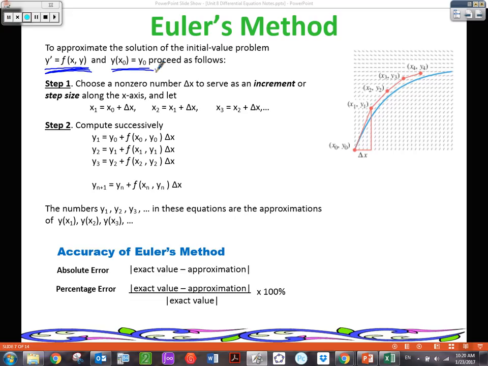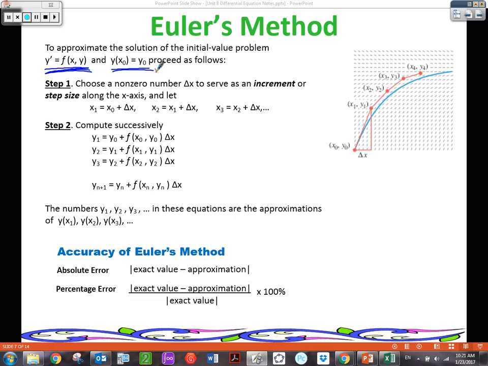Today's technique is approximating the differential equation and basically approximating the actual values. It's a numerical estimation technique. We're using numerical values to approximate what the solution would look like. So that's the difference between Friday's estimation technique and today's. Friday was graphing, today is numeric.